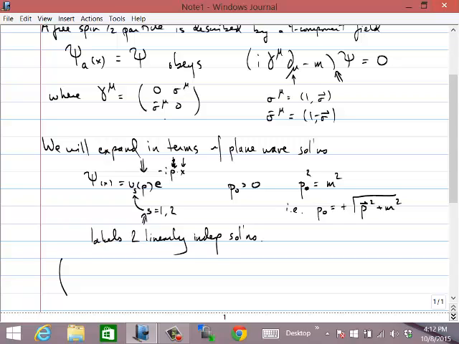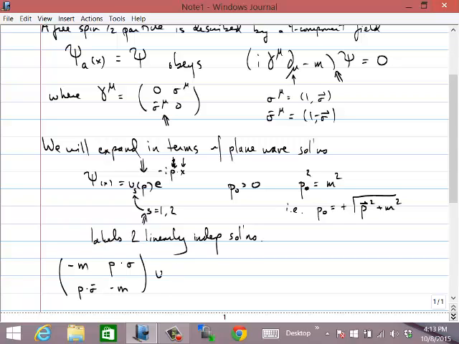The gamma matrix is this off-diagonal guy that has sigma and sigma bar in the off-diagonal components. So the Dirac equation, written as a matrix equation acting on the four-component spinor U, will take the form that I've written here.